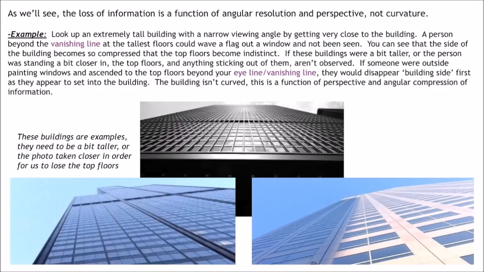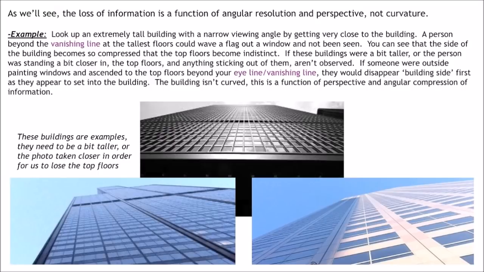If someone were outside painting windows and ascended to the top floors beyond your eyeline or vanishing line, they would disappear building side first as they appear to set into the building. The building isn't curved. This is a function of perspective and angular compression of information.